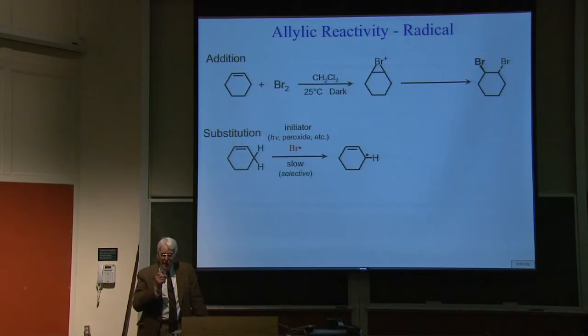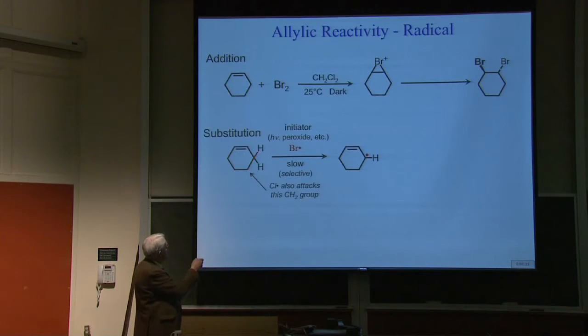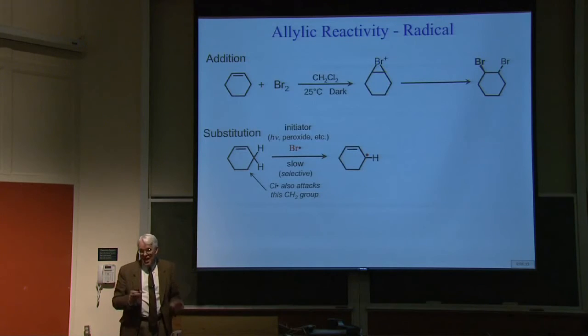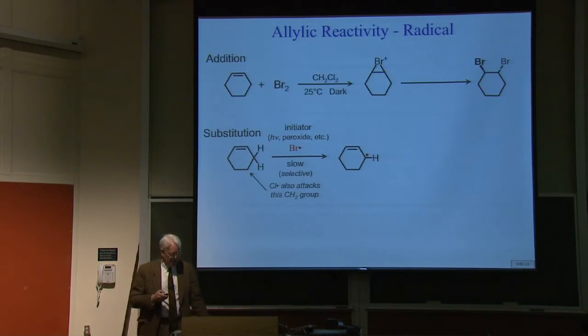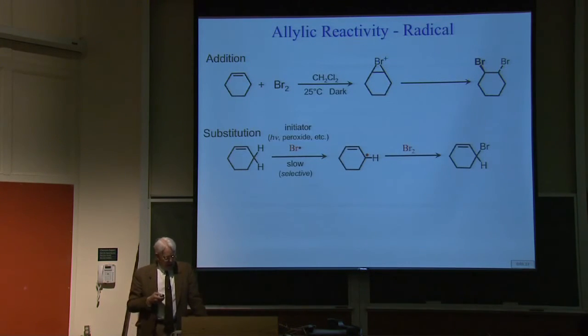Remember, we use bromine here, not chlorine, because it's slow and selective. If you use chlorine, it takes not only this hydrogen, but also this hydrogen almost as rapidly. It's not selective, but bromine is selective. It's uphill. Then you can react it with Br2 and replace where the hydrogen is with bromine.